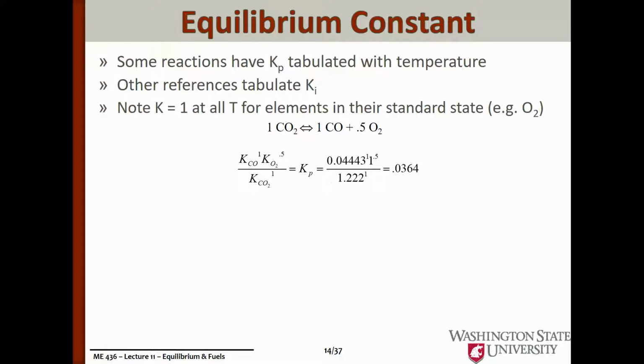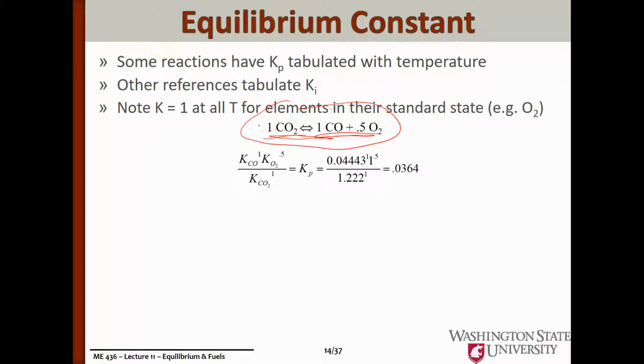So this is going back to that equilibrium constant. I'm going to show you an example here, and it's going to be the same example. I'm just going to pull up the Excel sheet to show you where these numbers came from. So an example question I can give you is find the equilibrium constant for this reaction of carbon dioxide dissociating into carbon monoxide and oxygen.